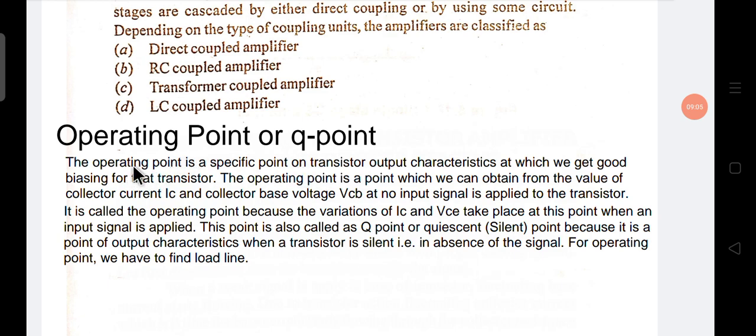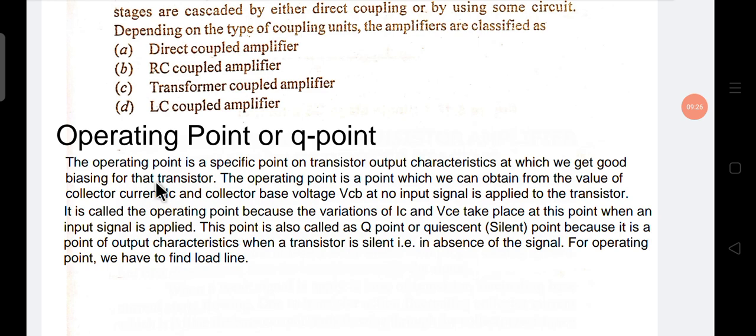The operating point is a specific point on the transistor output characteristic at which we get good biasing for the transistor. Good biasing means getting high efficiency from the transistor, or the amplification efficiency is more.